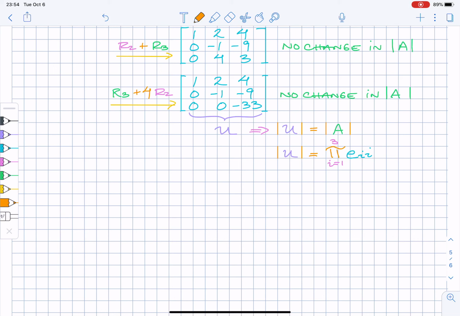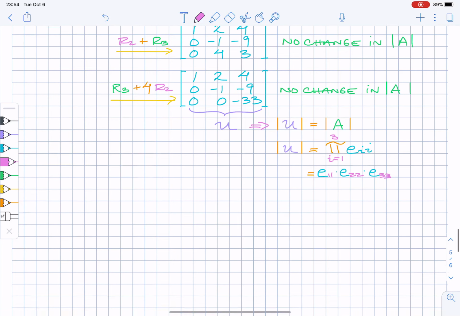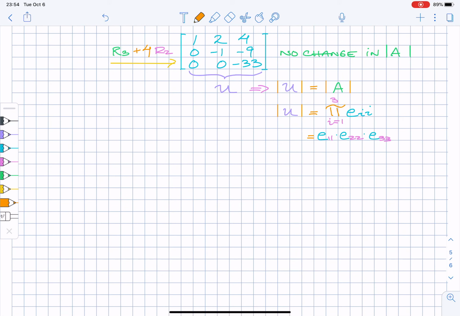I want to be explicit here. That's going to be entry sub 1 1 times entry sub 2 2, second row, second column, times entry sub 3 3, third row, third column. Okay, so entry sub 1 1 is 1, entry sub 2 2 is negative 1, and entry sub 3 3 is negative 33. So when all is said and done, we get positive 33.